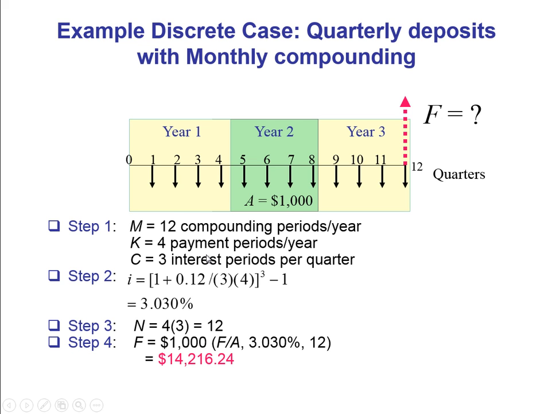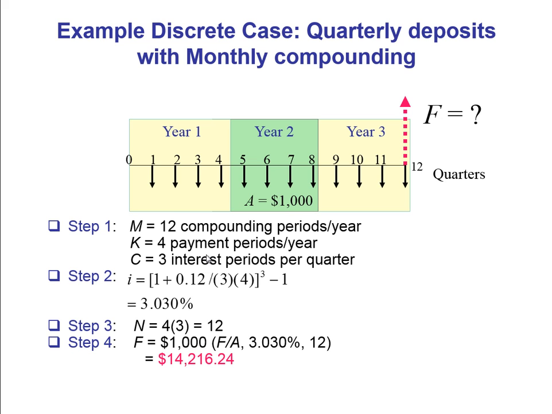This example addresses a discrete case with monthly compounding rate, assuming that R is equal to 12%, then I will equal 3.03% per quarter, and we have 4 quarters or payment periods per year.